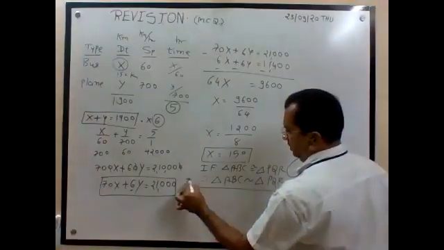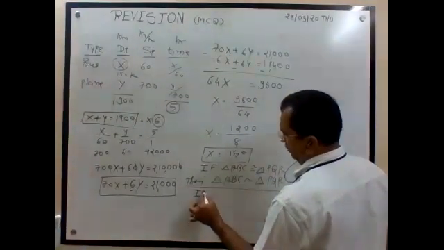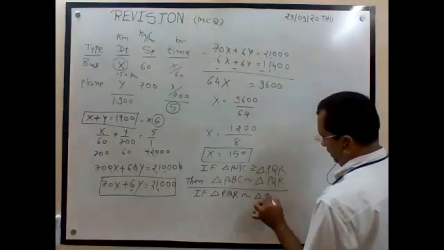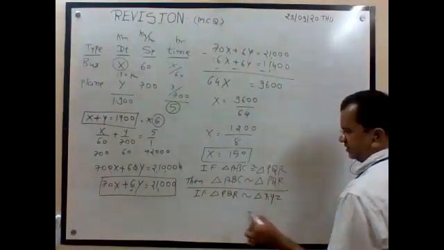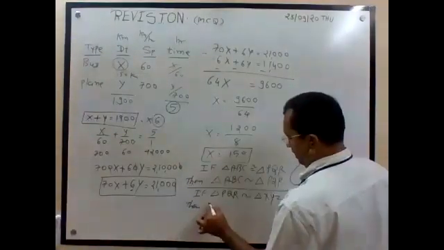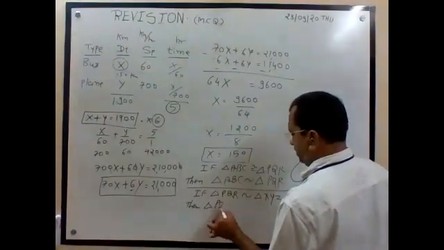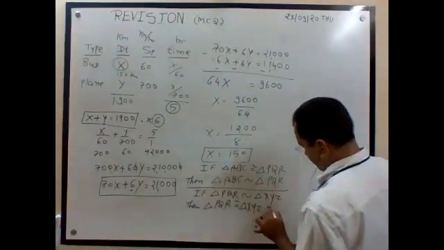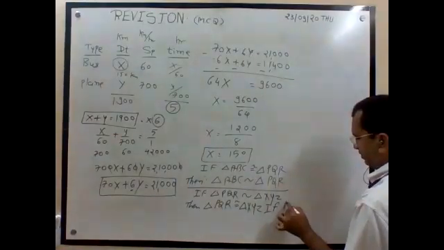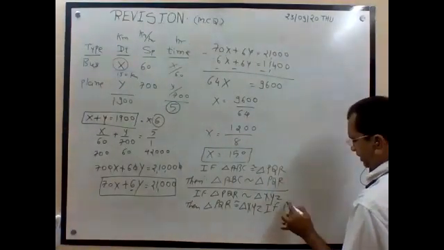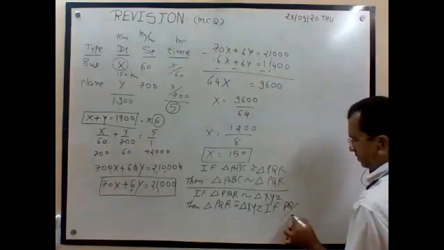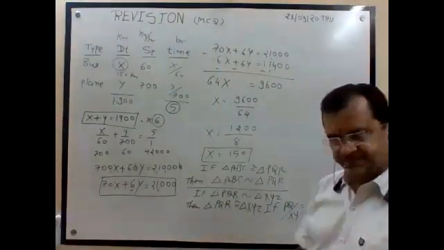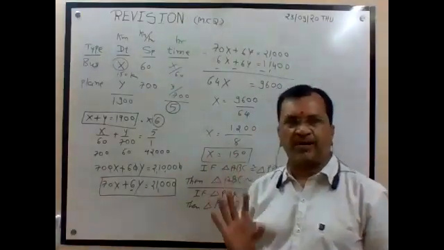But if triangle PQR is similar to triangle XYZ, then triangle PQR is congruent to triangle XYZ if the ratio PQ by XY is equal to 1:1, or 1. 1:1 means 1 only.